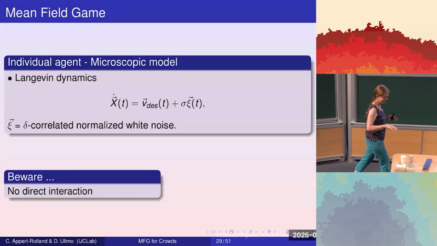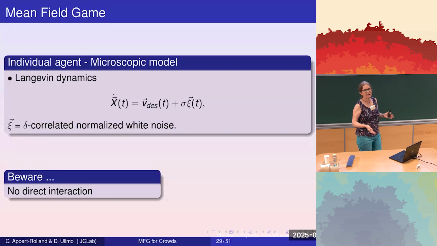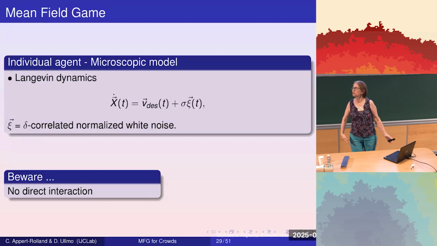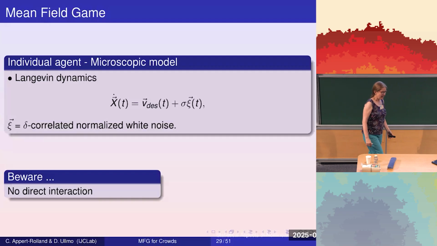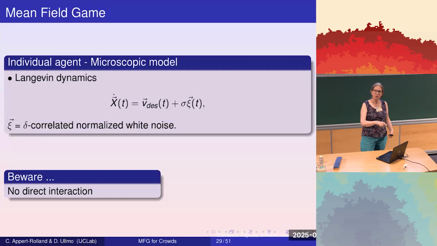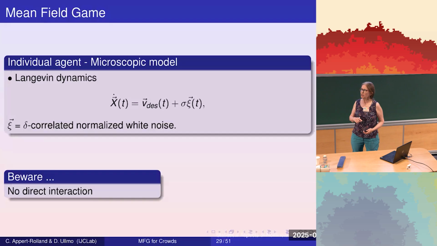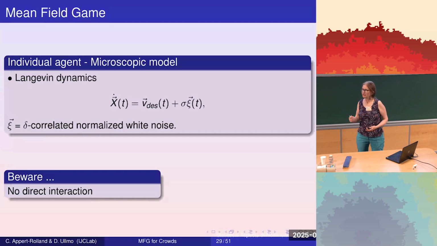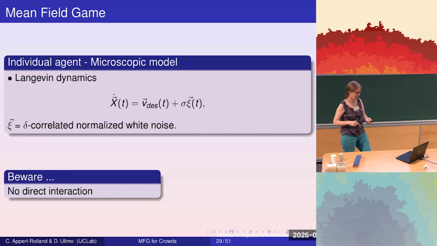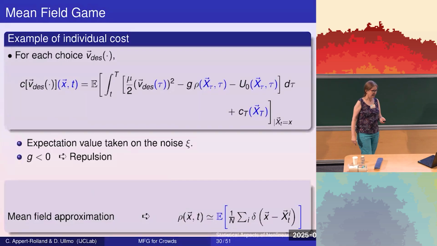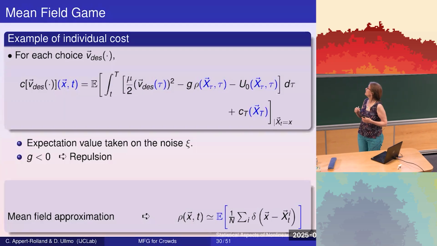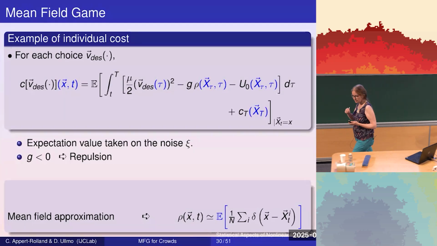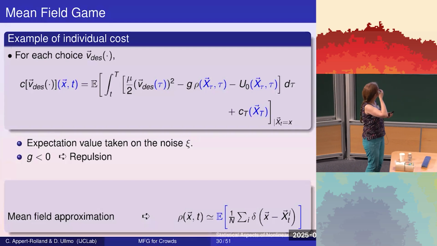In this field, we do things we are not allowed to do, but we do it and we hope it works, more or less. So in this model, at the microscopic level, I have no interaction. I assume just Langevin dynamics, so there is no interaction term.